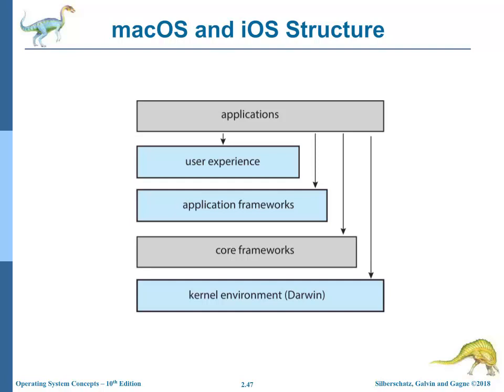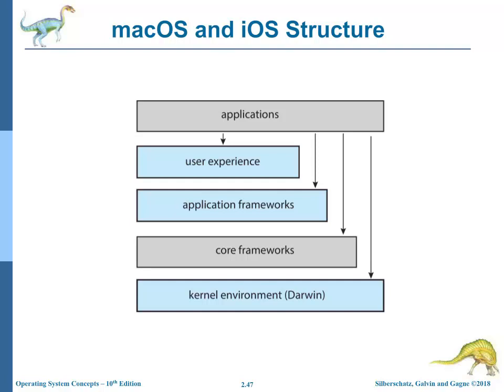The user experience layer defines the software interface that allows the user to interact with the computing devices. macOS uses the Aqua user interface, which is designed for a mouse or trackpad, while iOS uses the Springboard user interface, which is designed for touch devices.